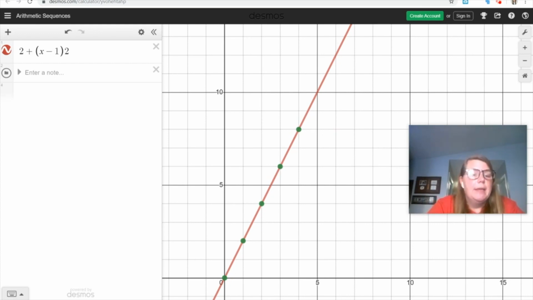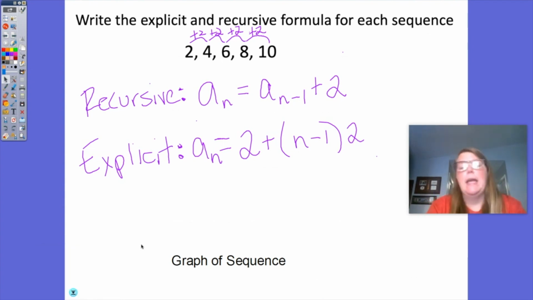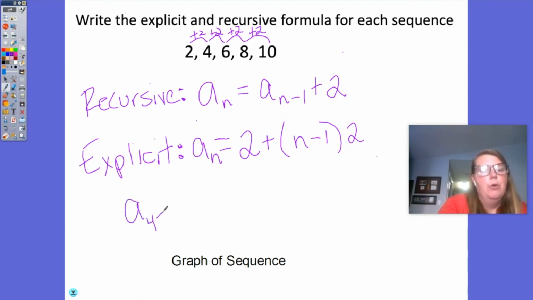So if I go back here, what would happen if, say, I wanted to find the 45th term in the sequence? So I'm trying to find A45. I would still have my 2 plus 45 minus 1 times 2.